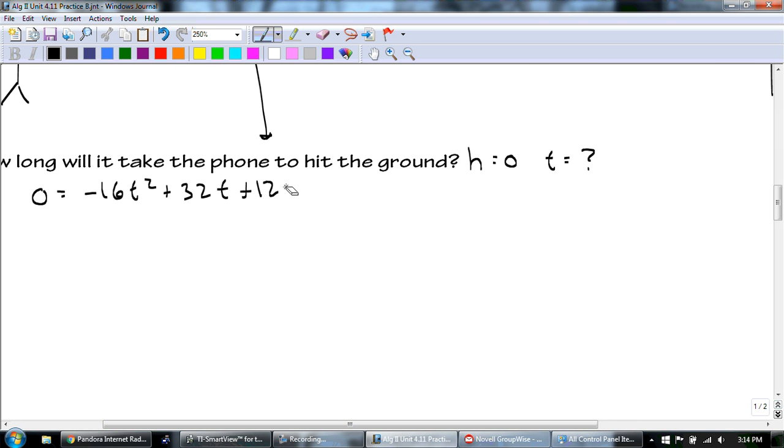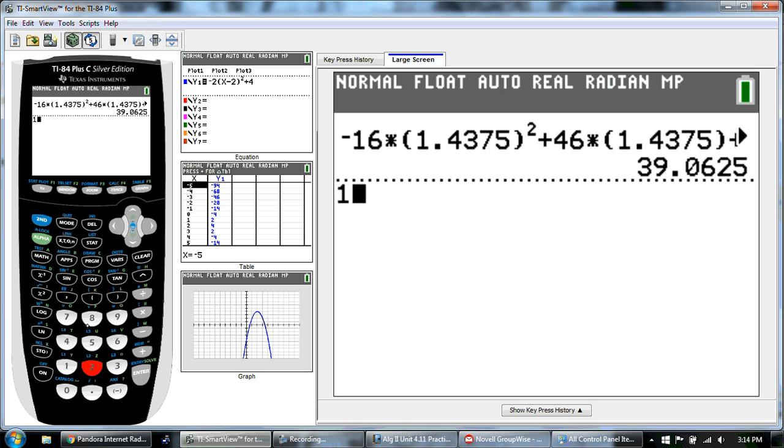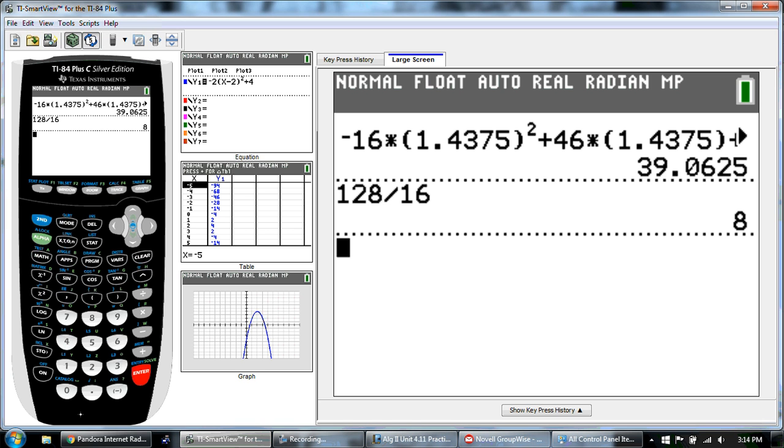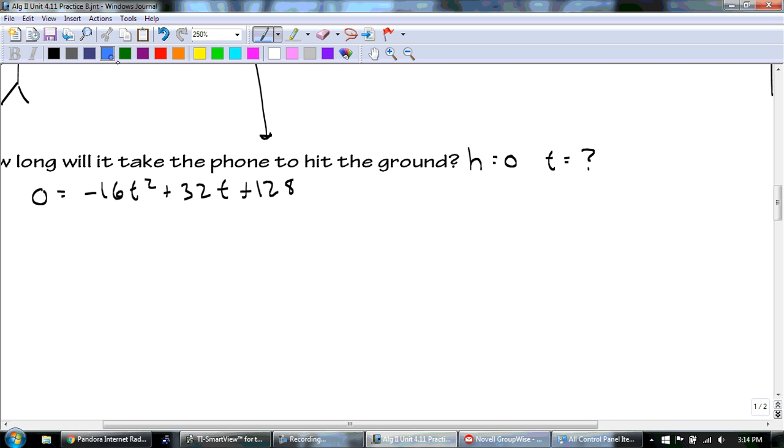So what's my GCF? What goes into all three of those? I always like to start with the lowest number. Okay, 16 goes into 128. What about 32? Sweet. So what I'm going to do is I'm going to divide everything by 16, and since my first guy is negative, it's going to be a negative 16.